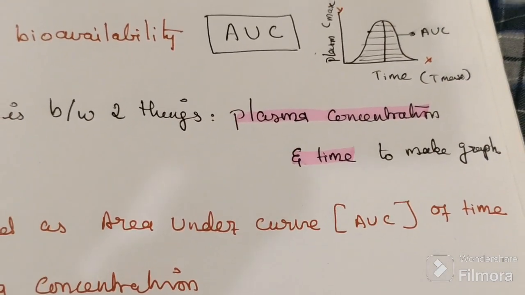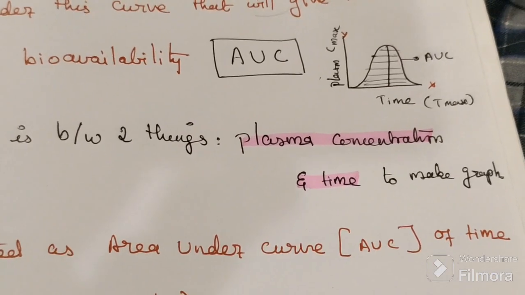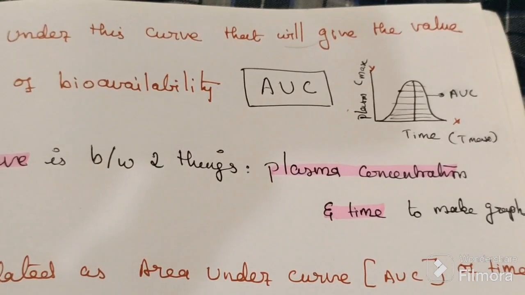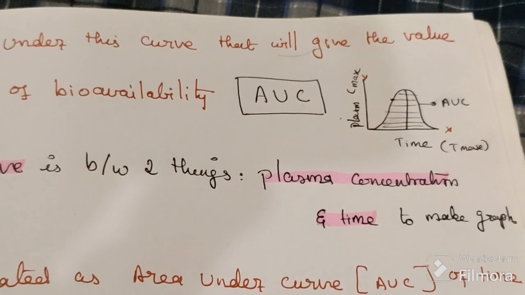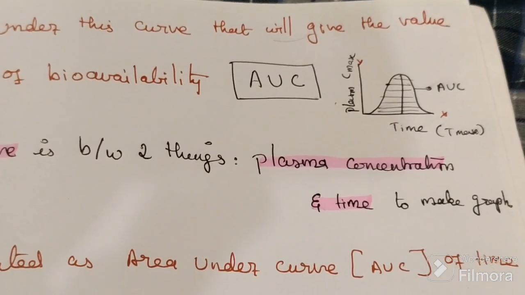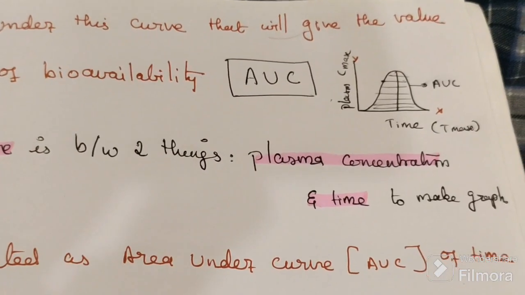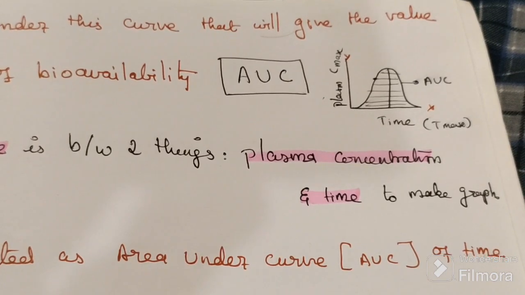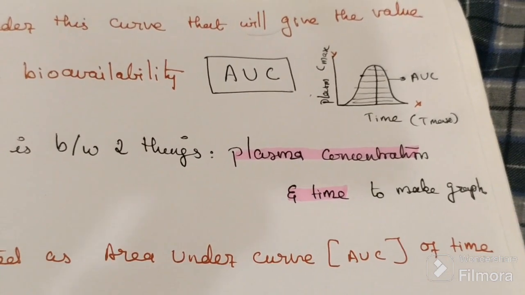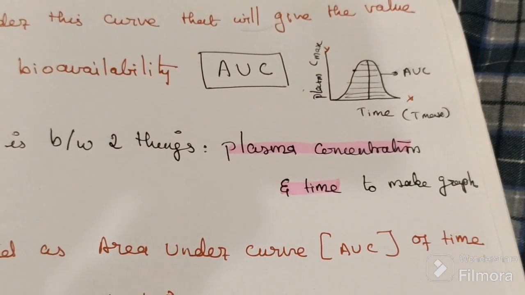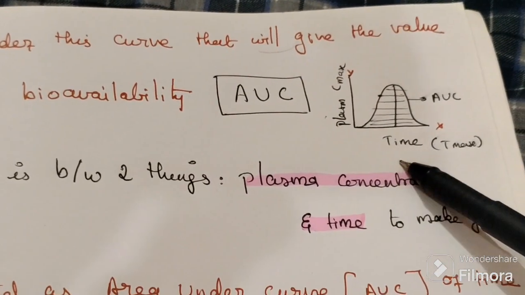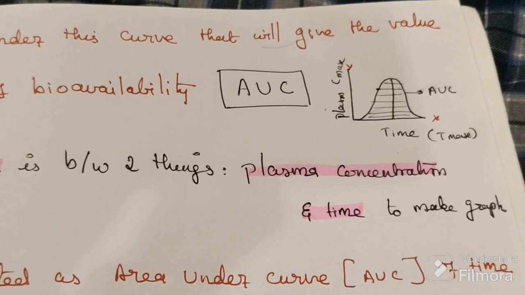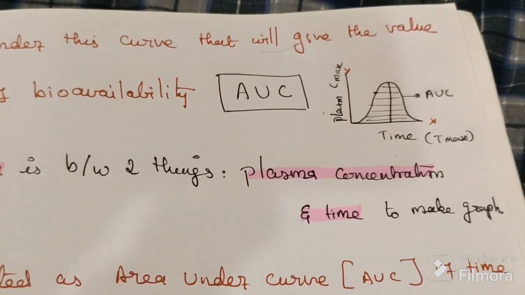I will find that the plasma concentration gradually increases because the drug is being absorbed, acidic drugs from the stomach, basic drugs from the intestine. It will reach the maximum, then it will be excreted and finally become 0. So the area under this curve will give you the value of bioavailability.